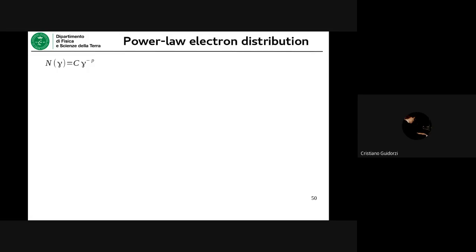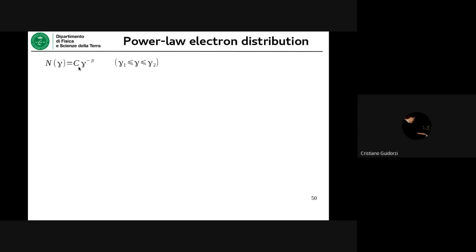distribution. So power law distribution means, for example, that you have an index of this power law, which in the literature is used as minus p, where p is meant to be a positive number. Which means that, of course, the more energetic the electrons you think of, the fewer they are. How few? Well, that's exactly described in this distribution.